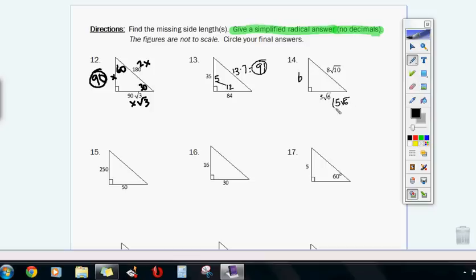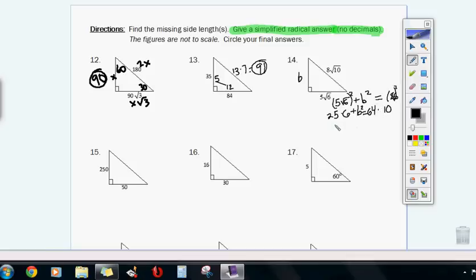So we're going to have 5 root 6 squared plus B squared equals 8 root 10 squared. Sorry about that, I'm running out of room here. Okay, so 5 squared would be 25 times root 6 squared is just 6, plus B squared, and that equals 8 root 10 squared, remember, so 8 squared is 64 and root 10 squared is 10.